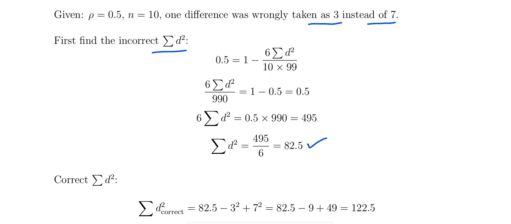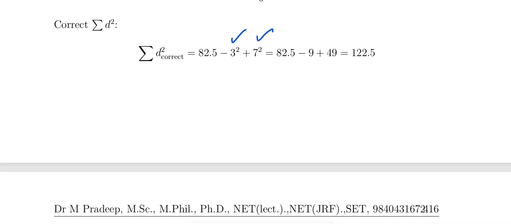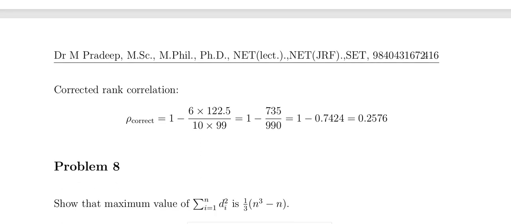What to do now: 3 square was wrongly taken as 3. So subtract that 3 and add 7 instead. So minus 3 square plus 7 square, and we get the correct summation d square. Then we can find the correct rank correlation coefficient, that is 1 minus 6 summation d square over n into n square minus 1. After finding the correct summation d square, we can proceed.